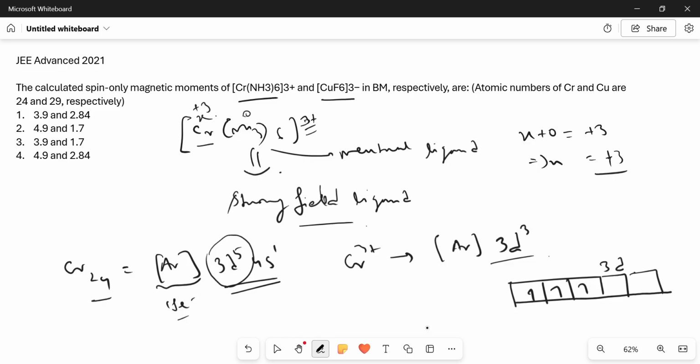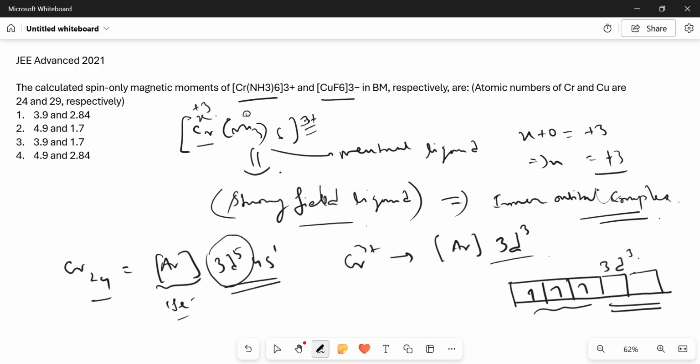So 3 electrons are there. First of all, this is a strong field ligand, and a strong field ligand means an inner orbital complex. It will form an inner orbital complex according to VBT, valence bond theory. Already it is a 3d3 system, so there is no need for pairing of electrons in the 3d orbital, because 2 d orbitals are already vacant here.